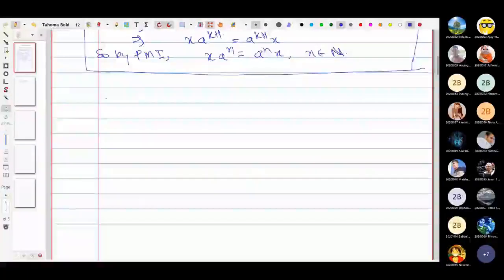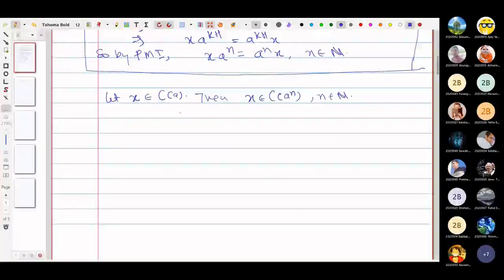Let us assume that some element x belongs to the centralizer of A. Then x also belongs to the centralizer of a to the power n, because if x commutes with A, then it is also going to commute with a to the power n, where n belongs to the set of natural numbers, as we just proved.